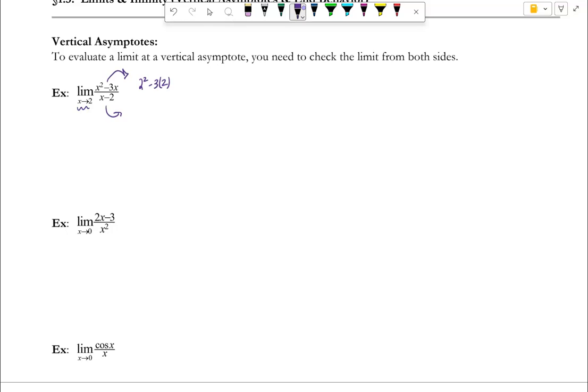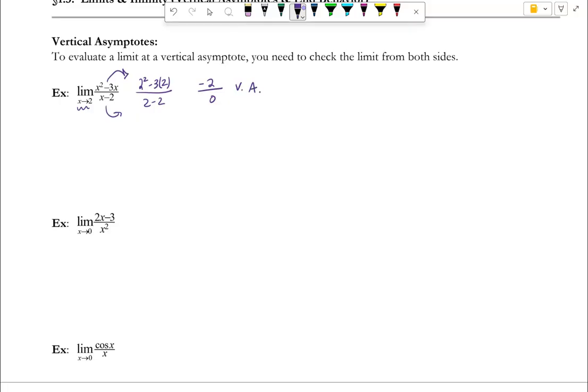And in the denominator, I get 2 minus 2, which is 0. So we know that we have a vertical asymptote because when we plug in 2 to that limit, we get a non-zero number over 0, so negative 2 over 0. That's the indication that we have a vertical asymptote.